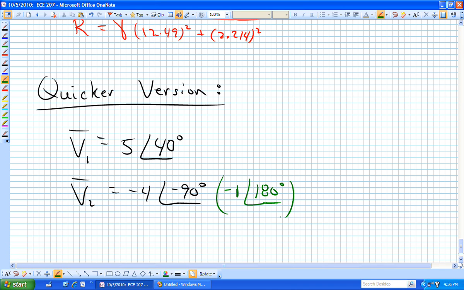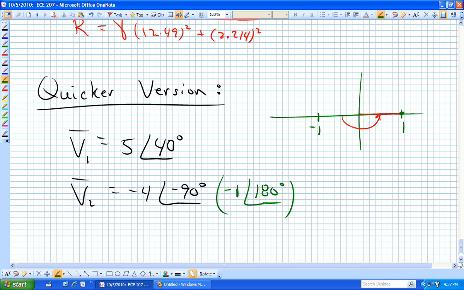Meaning, if you look at this, I'm saying everything is relative to this positive real axis. If I say minus 1, I'm over here. But now that's at an angle of 180 degrees. So spin that around 180 degrees, and now you're back over here at 1.